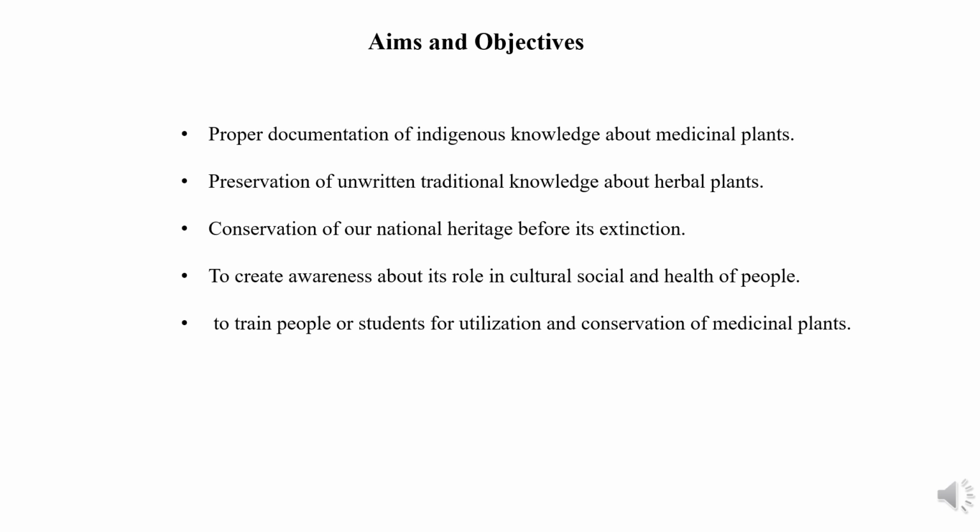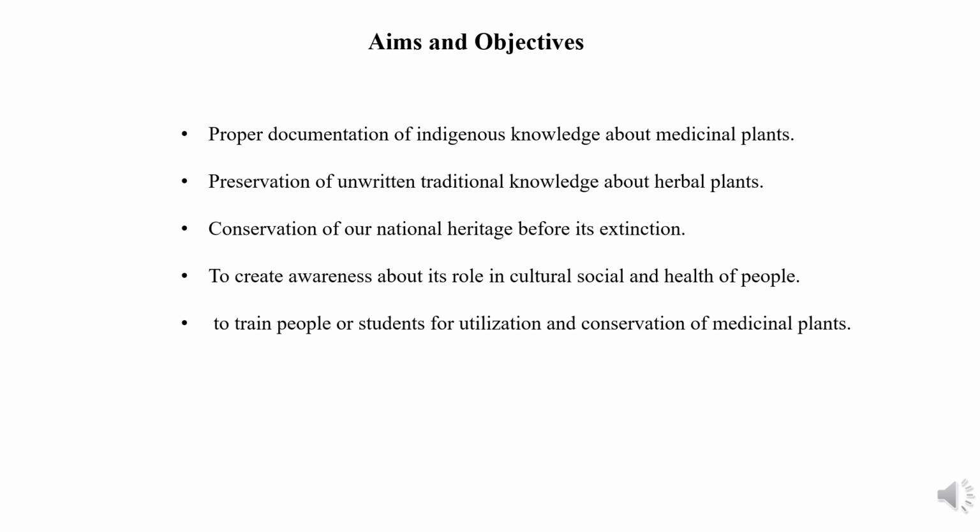To integrate knowledge, ethnobotany is an interdisciplinary field that combines knowledge from botany, anthropology, ecology, and chemistry. To record traditional knowledge or practices, ethnobotany documents and analyzes how different societies use local plants. This is important because industrialization and migration have led to a loss of valuable knowledge about plants.